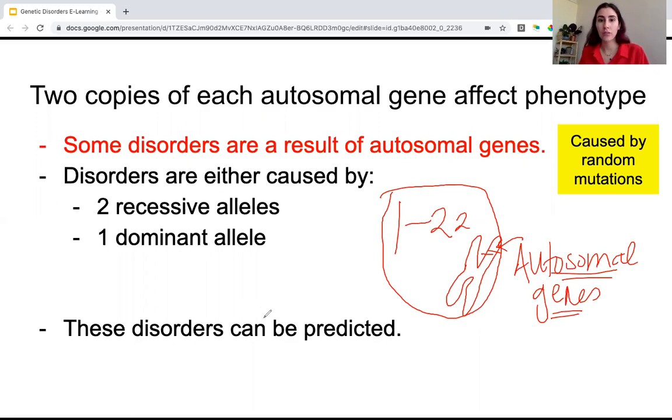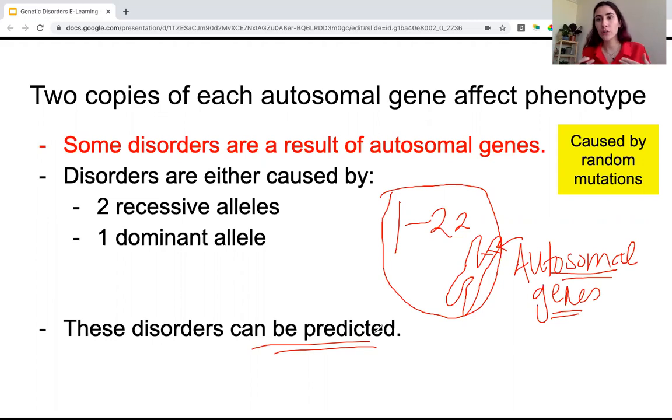And when there are genetic disorders that are autosomal, these disorders can be predicted, meaning that you can do genetic testing before a baby is born, and figure out, using the laws of probability again, if the baby is going to inherit these genetic disorders. This is actually done quite often, especially when people first get married.